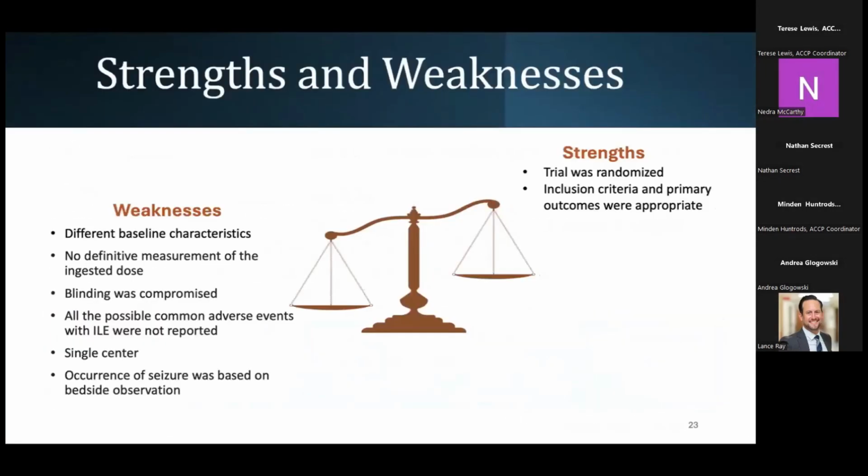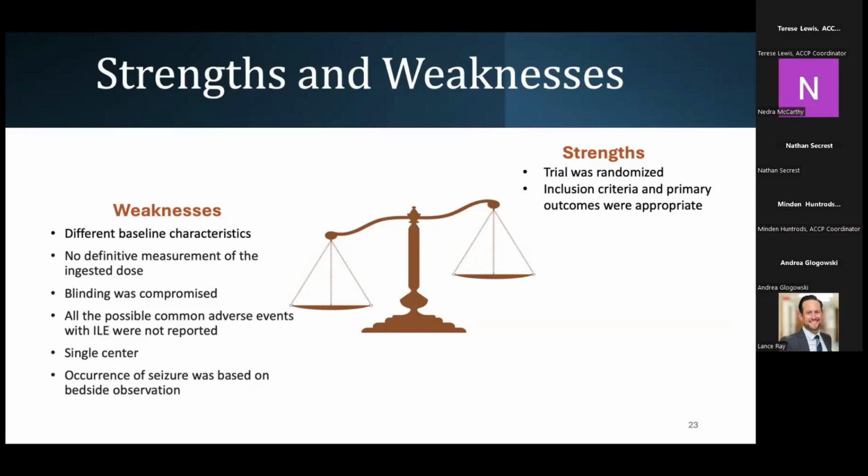So now on to the strengths and weaknesses of the study. Overall, it's definitely a breakthrough study in terms of looking at agents that could be used to aid in tramadol toxicity. There is not a lot of data that looked at tramadol toxicity here in the United States.